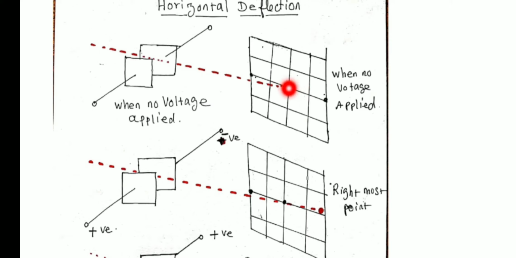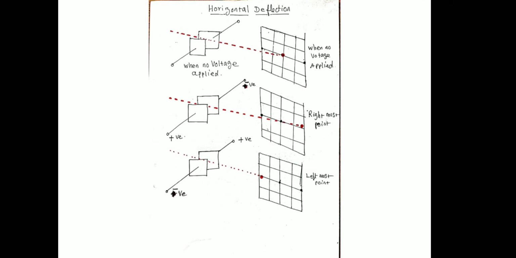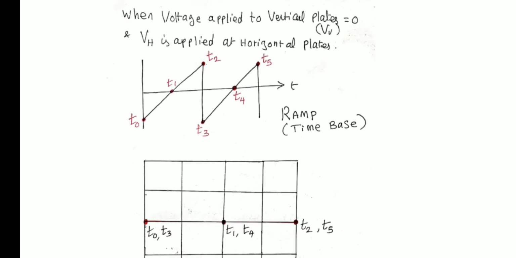So to move the luminous spot in this fashion in the horizontal direction, we need a signal called sawtooth waveform or a ramp signal, right?